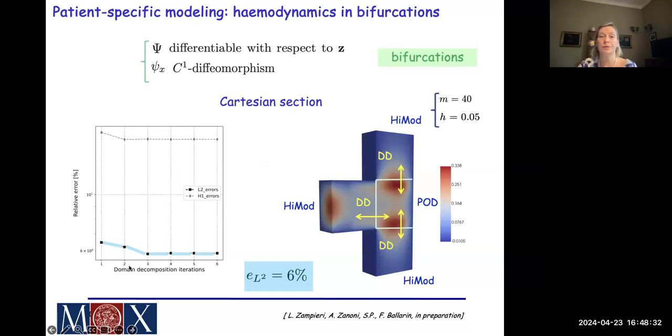This is good because, of course, the domain decomposition may be an additional source of computational effort. So one of course has to pay attention not to lose what you have gained with the reduced approximation when you switch on the domain decomposition step.